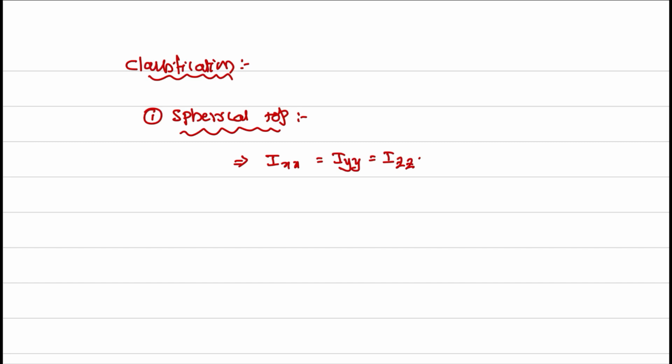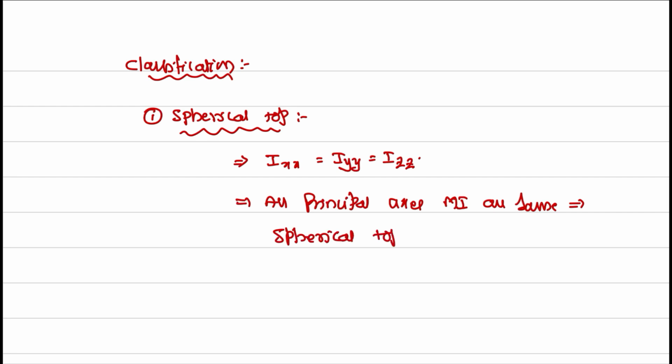Then it is called a spherical top. Otherwise, when all principal axes moments of inertia are same, then it is called a spherical top. I1 is equal to I2 is equal to I3.